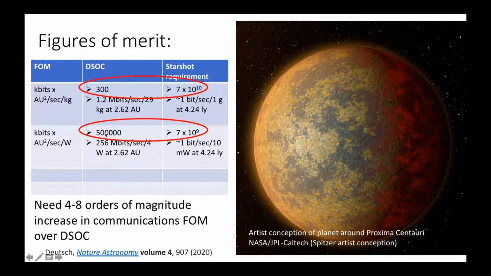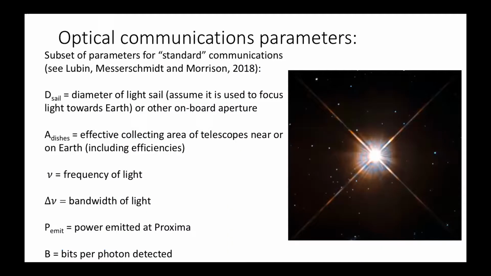And it's many orders of magnitude better than New Horizons, approximately 3 orders of magnitude better, and I haven't corrected this one. Basically, though, to be conservative, we still need 4 to 8 orders of magnitude increase in our communications figure of merit over the DSOC.